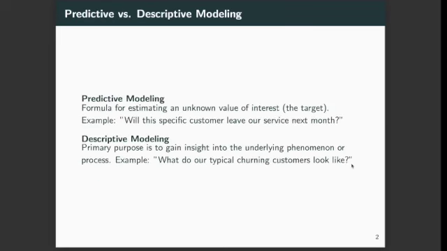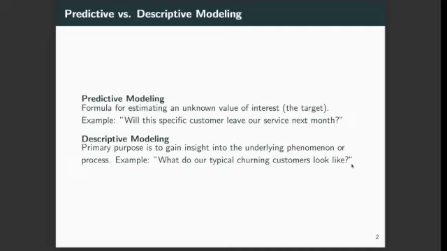Now we differentiate between the predictive and the descriptive model. The predictive model is like a formula to estimate the unknown value of interest, which we call the target or the target variable. For example, a telecommunication company might want to ask, will this specific customer leave our service next month?